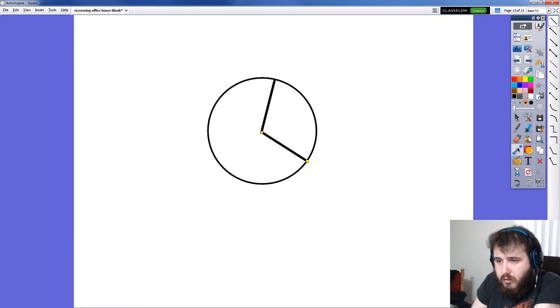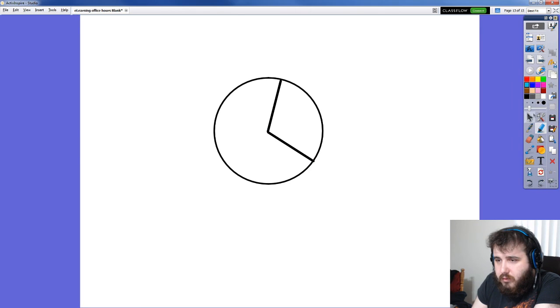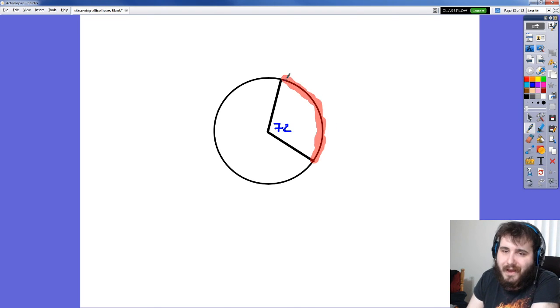Let's draw it out. And let's say this is... So I want to find how big this red curve is, right?